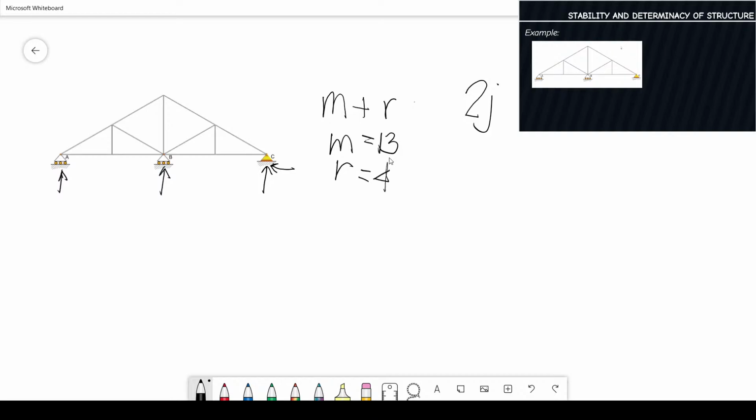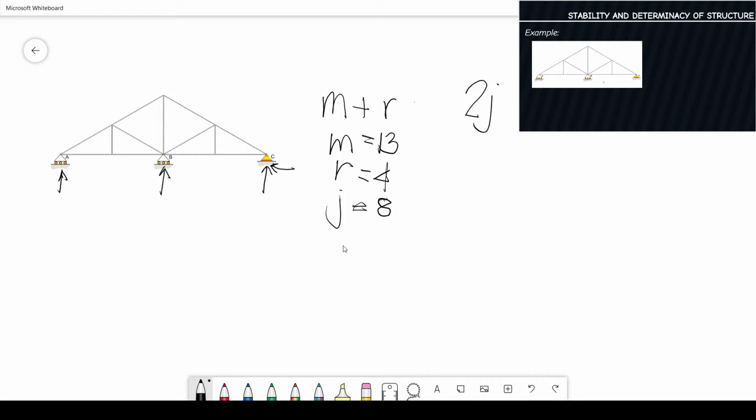Then, for the joints, anything na mayroong members na nagko-connect is a joint. So, we have 1, 2, 3, 4, 5, 6, 7, 8 joints. So, our J is 8. Okay. So, let us use the formula M plus R, whether it is less than, greater than, or equal to 2J.